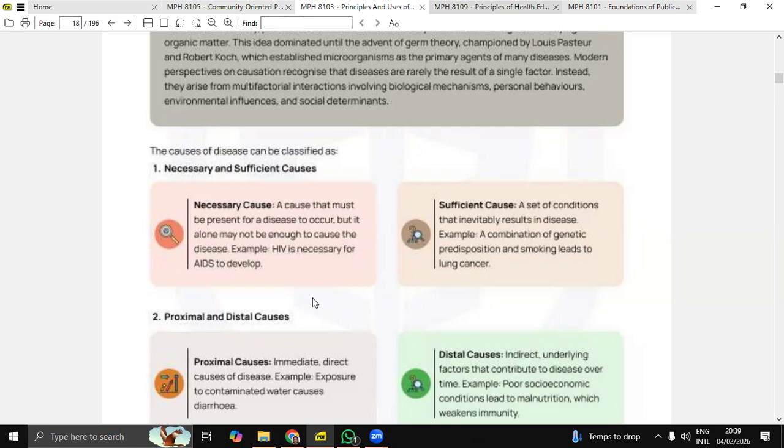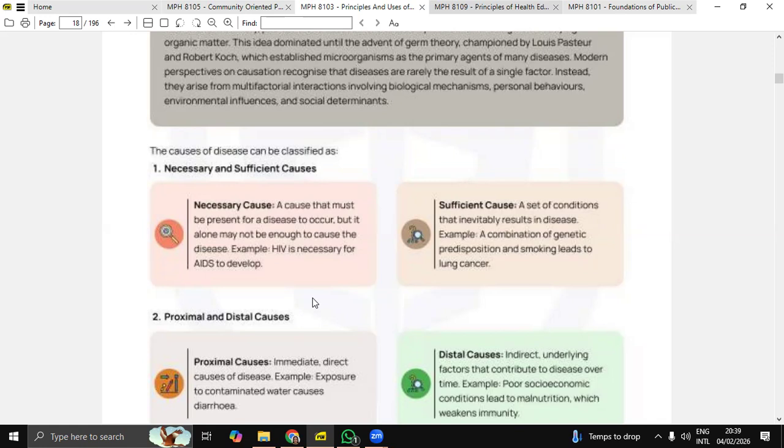For instance, let's use tuberculosis, Mycobacterium tuberculosis. That microorganism, if you check in people who are healthy, you will likely find it there. They have it, but they are not sick, they don't have the disease.